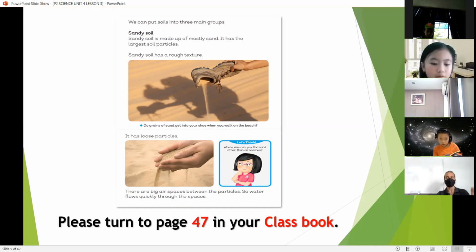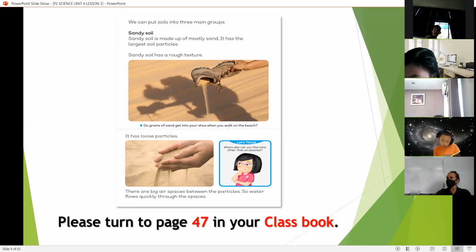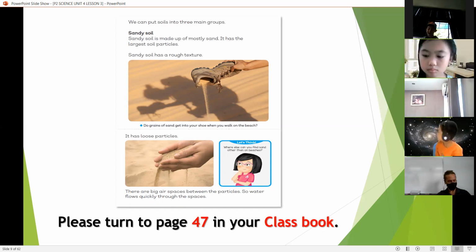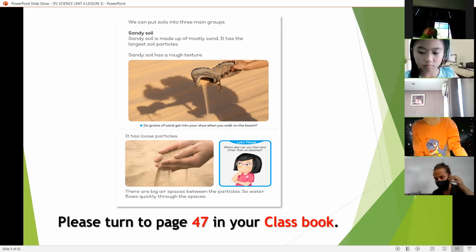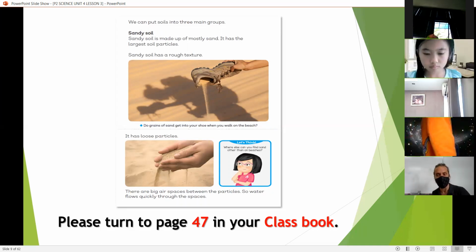Sandy soil, yes. Let's first have a look at sandy soil.